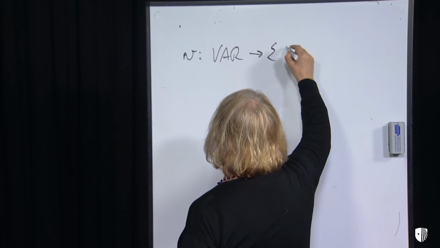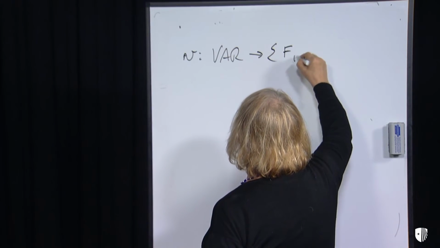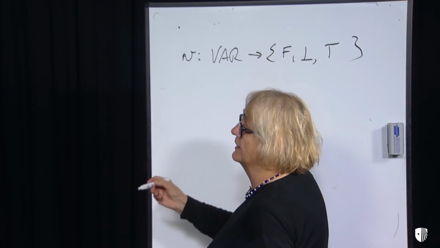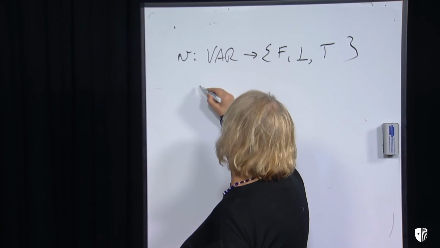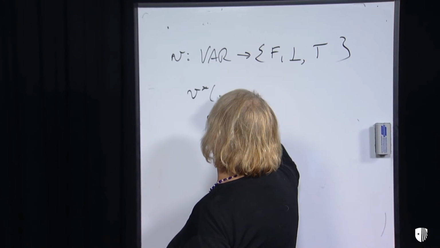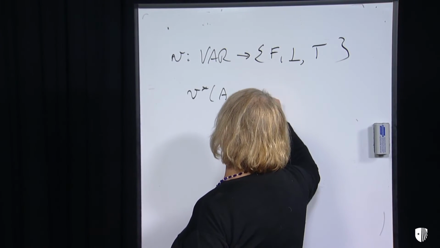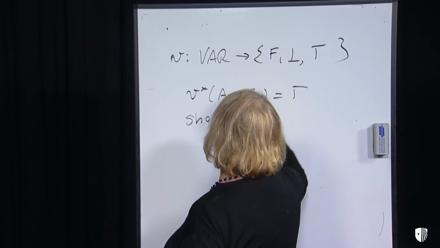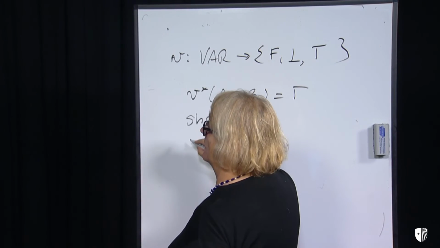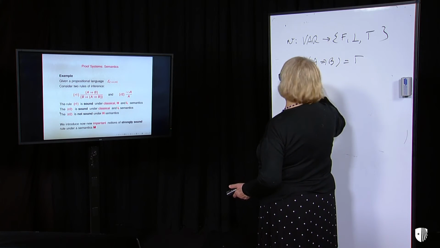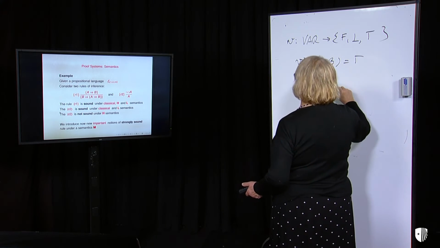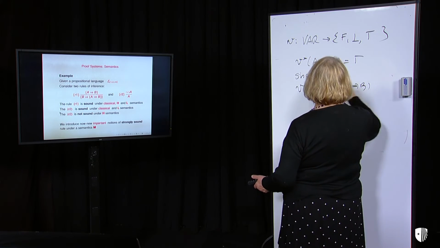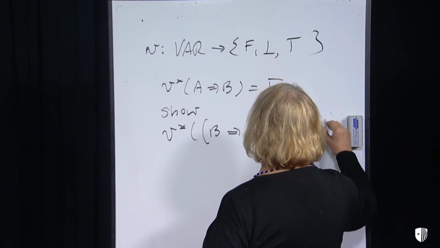Now in H semantics, we assume that V star of A implies B is true, and you have to show in H semantics that V star of B, A implies B, this formula, is also true.